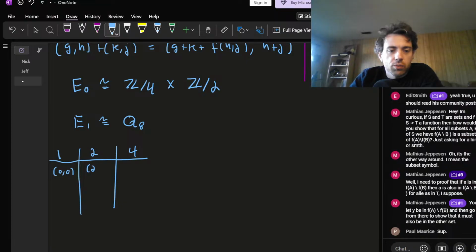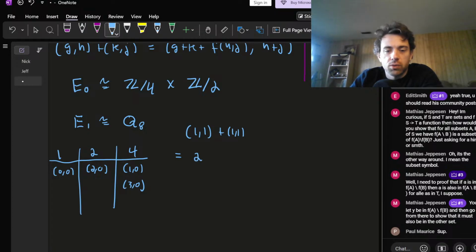So I guess we always know that this element will have order 2, and this element will have order 4. So now we need to check some of the other elements. So I guess we could check 1, 1. So 1, 1 plus 1, 1 will be 1 plus 1 is 2.